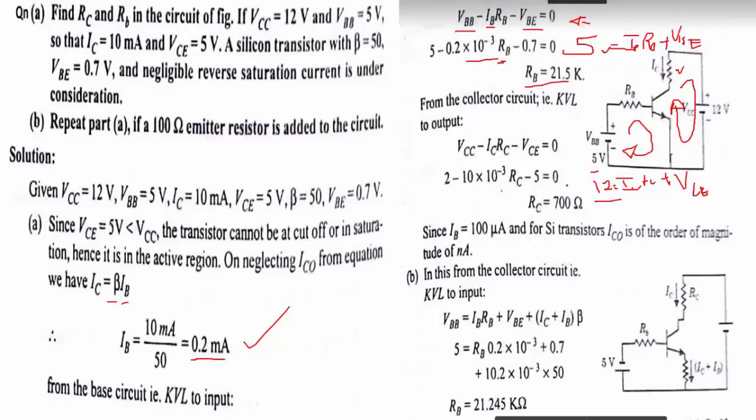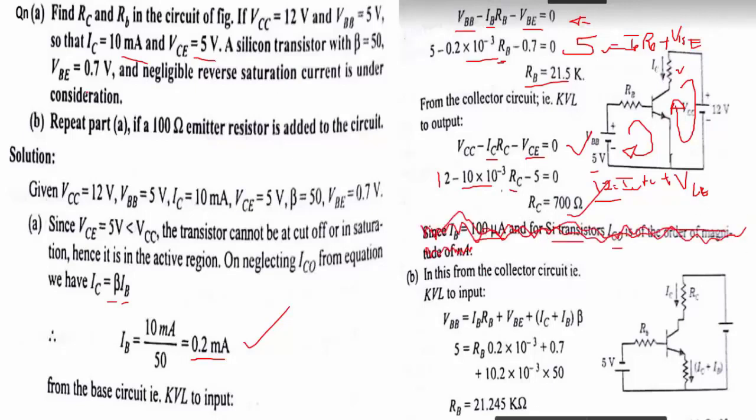Ndio maana hivi vyote ukivileta huku ndio hicho alichoandika hapa. Although hapa yeye amekosea, ameandika 12 ameandika 2, amesahau 1 hapa. So this is 12. So you have VCC 12, IC 10 times 10 to the power negative 3, tulipewa hapo 10 milliamperes, and we have VCE across the whole transistor as 5 volts. Then from there we can solve for our RC and get that value.